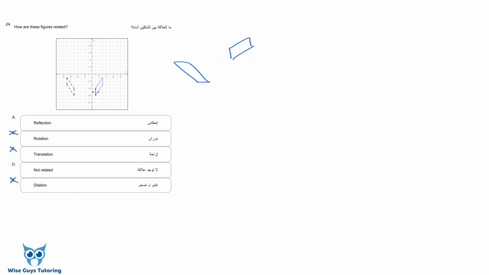It's because, you see, if you have a vertical side like this and you rotate by 90 degrees, this vertical side would actually become horizontal, right? So it would take on this kind of shape. And if I did another 90 degrees to 180, that means this same horizontal side will become vertical again. But in this case, the shape would look like this. And that is not what we have. So it is not rotation.